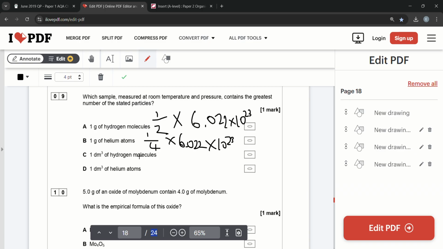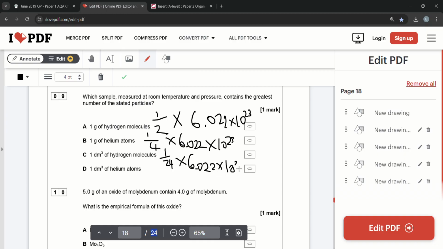In this case, the molar volume of gases can be 1 over 24 times 6.022 times 10 to the power 23, and in this case it's going to be the same as that, because same volume, 1 over 24 times 6.022 times 10 to the power 23. Just by looking at it I can clearly see A is the correct answer. It's a half. That's the biggest number out of the 4.